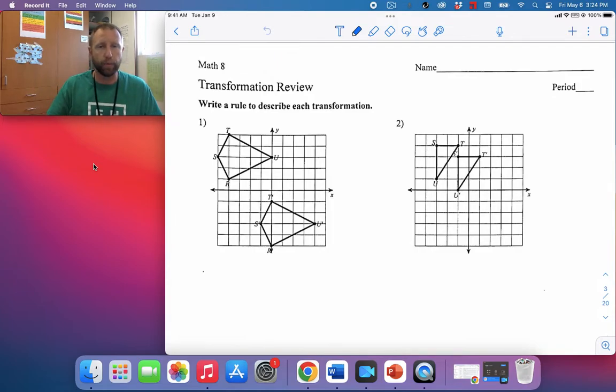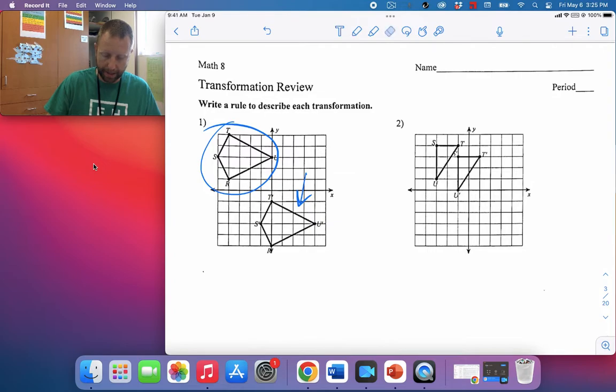The original shape for number 1 is this shape right here, T, U, R, and S. T prime, U prime, R prime, S prime, that's what happens after we do the transformation. So what did happen after the transformation?